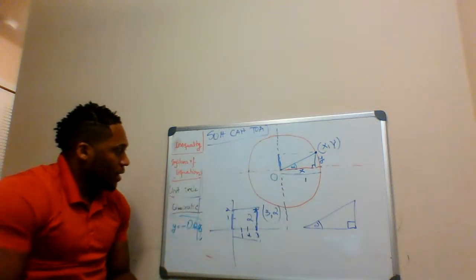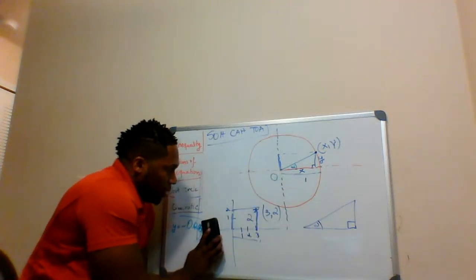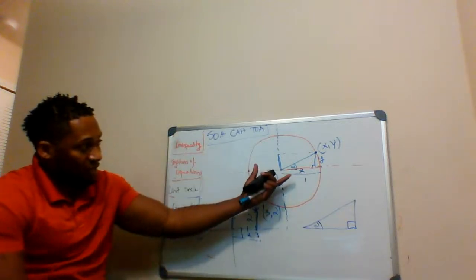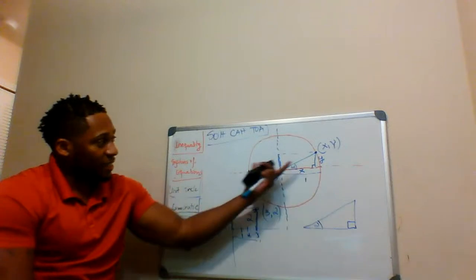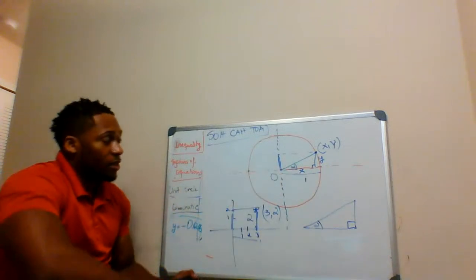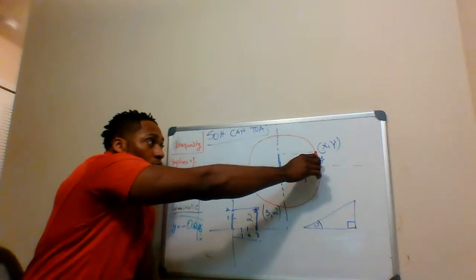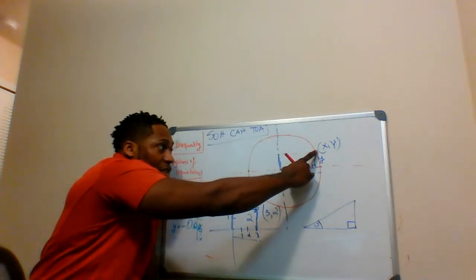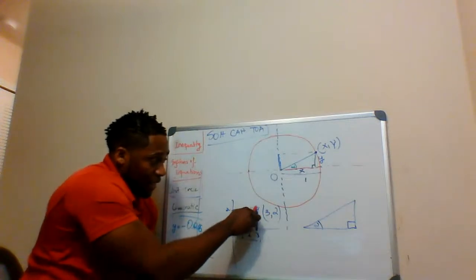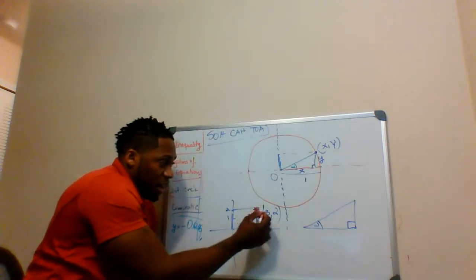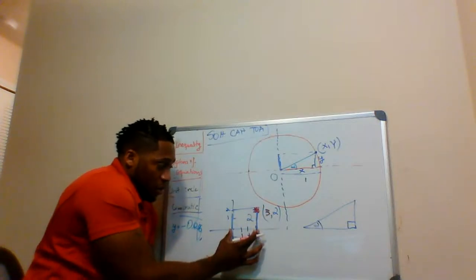So now, I'm going to ask you guys questions. Let's recap what we did. We draw a circle, center it at the origin. We have the x-axis and the y-axis. In the first quadrant, we draw a line out, and from that form an angle. When this line touches the circle, we call that point x, y, just like any point in a Cartesian graph.